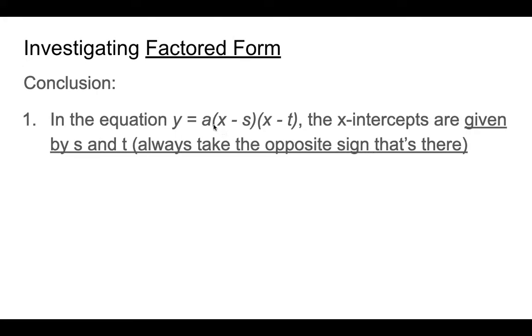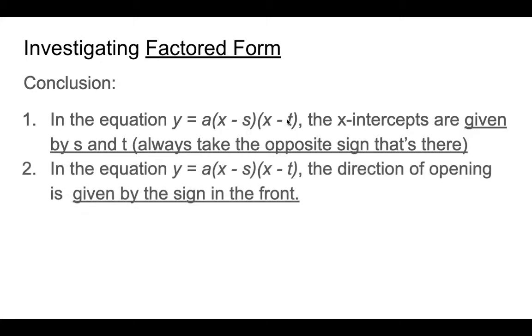So if it's (x - 3) and (x - 2), then your x-intercepts are actually 3 and 2.